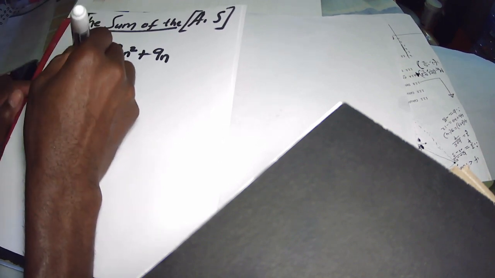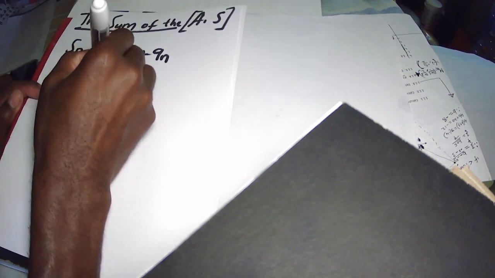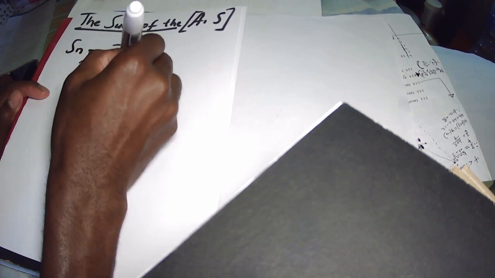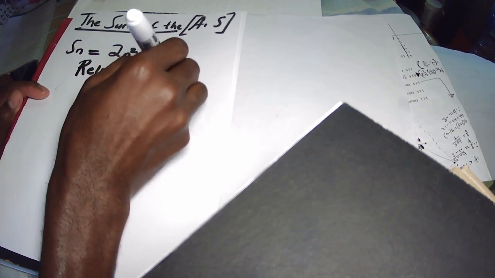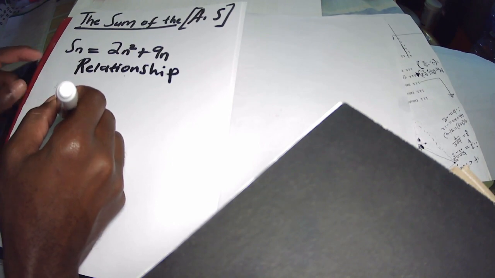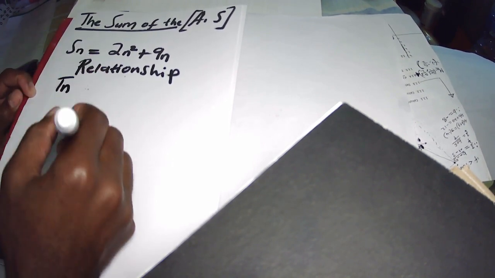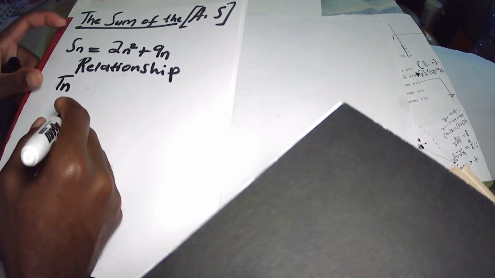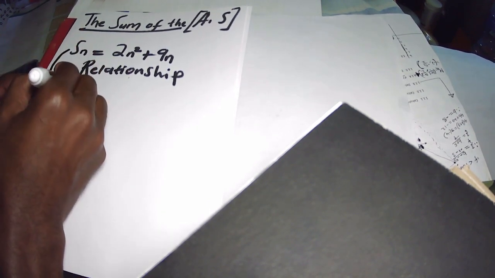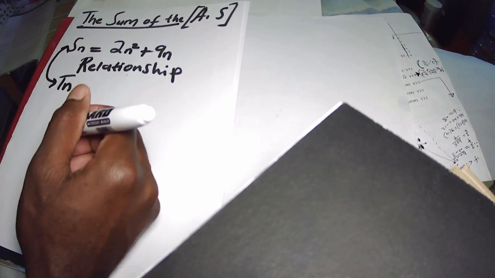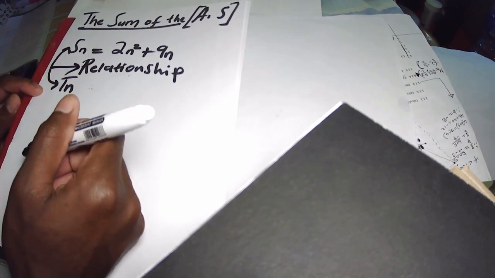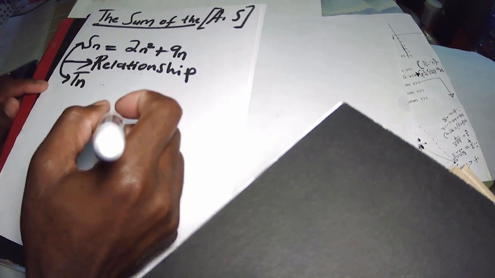There is a relationship between sums and terms, the Tn. So you need to get the relationship between the two.